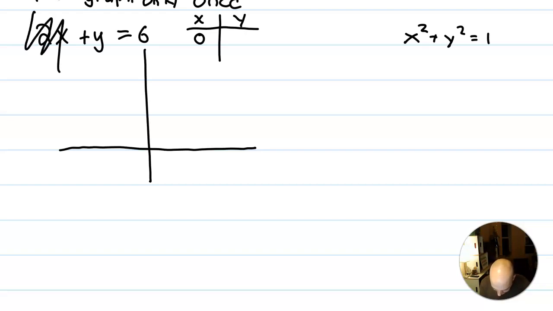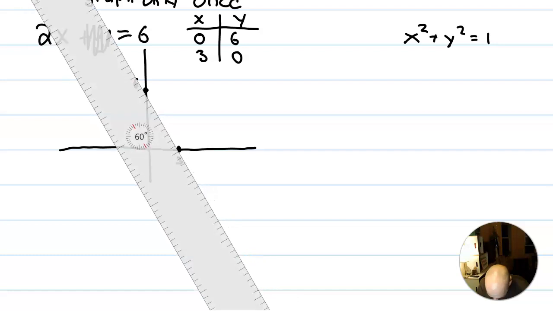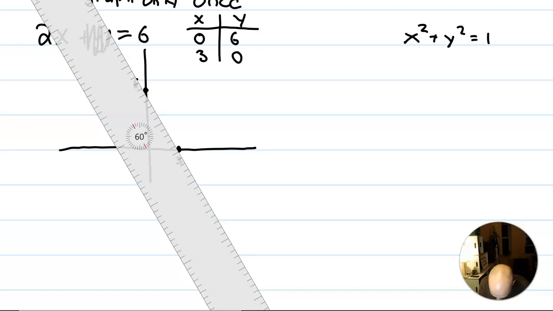You can imagine covering that up, and y would be 6. If y was 0, what would x be? You can imagine covering that up, and x would have to be 6 divided by 2, which is 3. So we go to (0, 6) and (3, 0), and we can sketch the line that connects those points. There it is. It may not be exactly to scale, but all we need is a sketch here. We just need to look at a line.